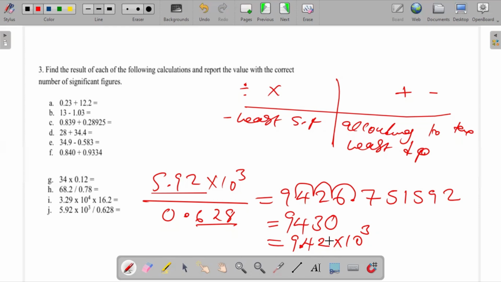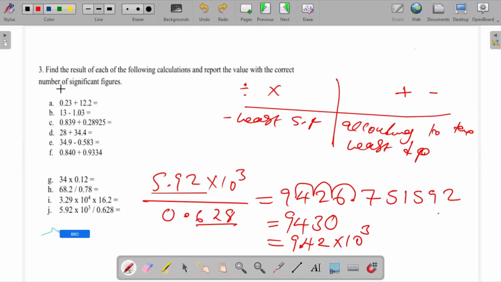I have a question. Yes, you can ask. Can you please repeat? The number has 3 significant figures, isn't it? And the one down also has 3 significant figures, right? So after dividing, we are getting this number here.